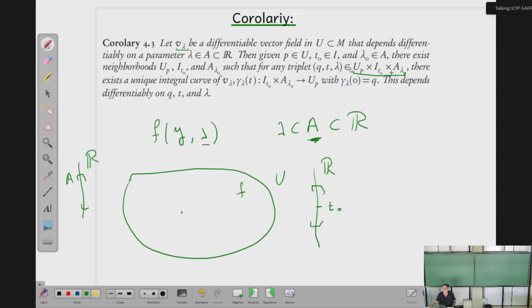It's unique and is C1 with respect to all these dependences. So it depends differentiably on Q, that we know because it was part of the theorem. It depends on T, but also depends on lambda in a continuously differentiable way.